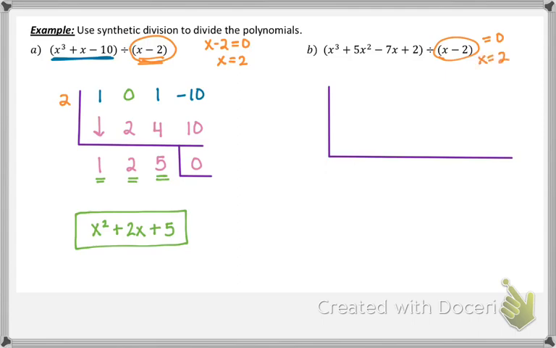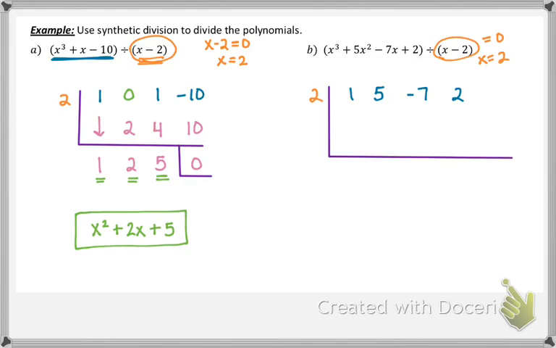X equals 2. 2 is the number I'm putting on the outside. My coefficients, I'm going to start with 1 for the x cubed, 5 for the x squared, negative 7 for the x, and positive 2 for my constant. And it looks like I don't need any 0 for placeholders because all my terms are there, right? There's no missing terms.